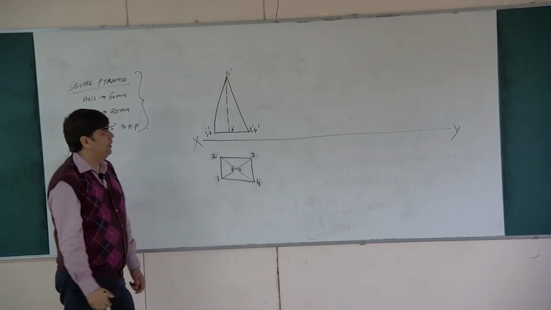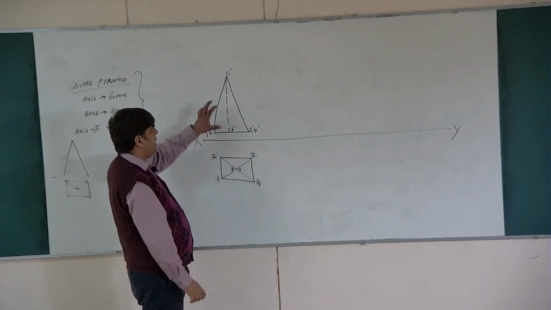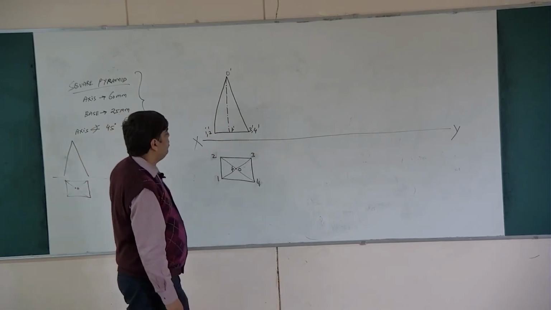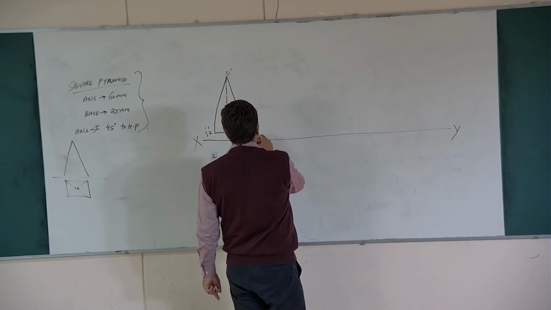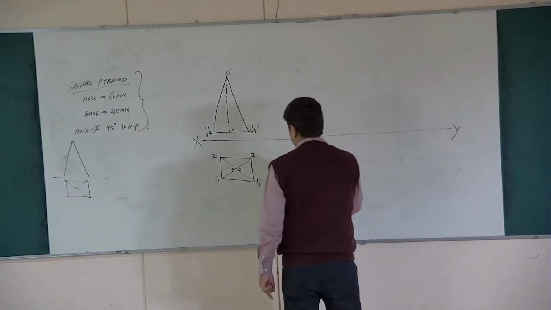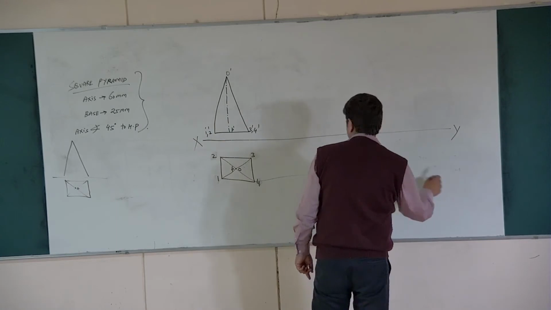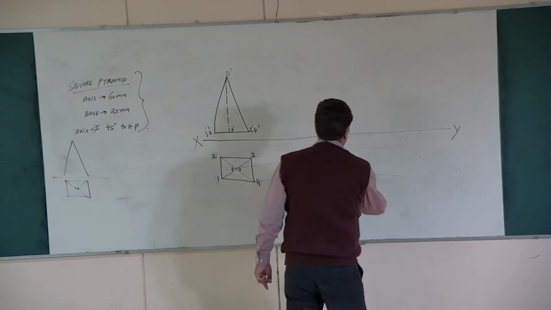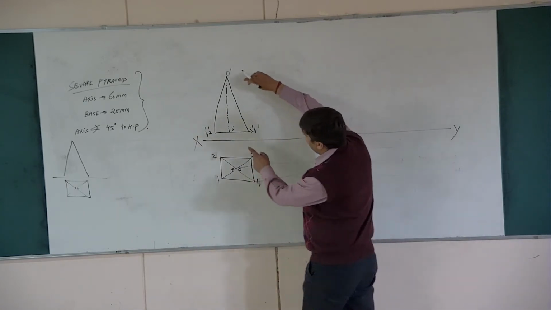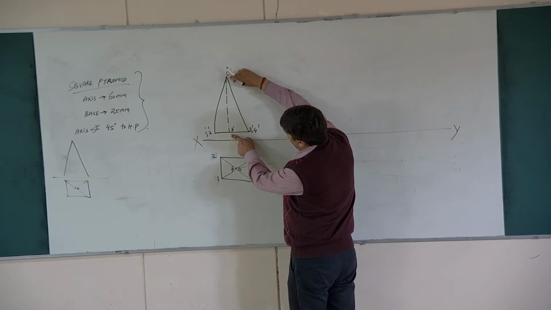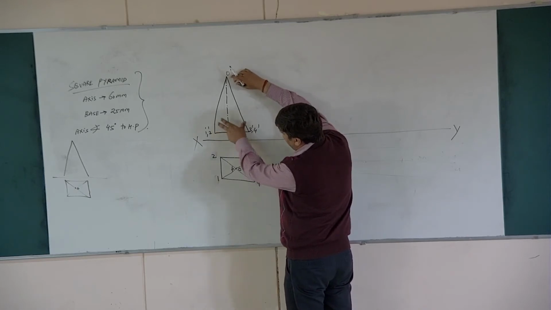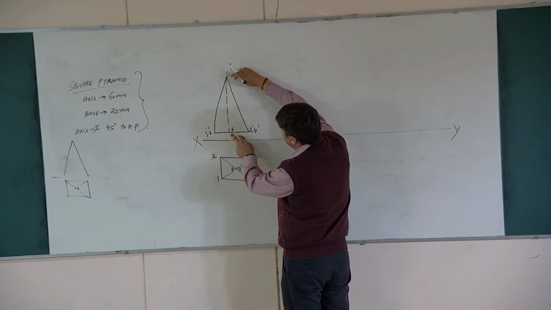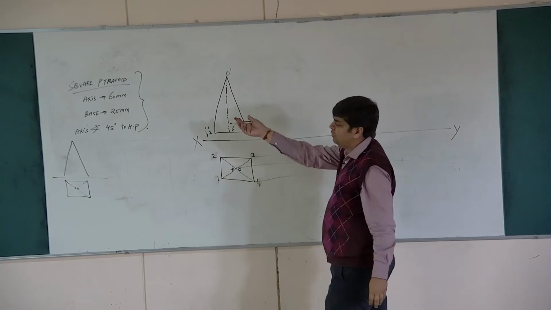This axis is OP. Now what we have to do, this axis O dash P dash is inclined at an angle of 45 degrees to HP, or any degree to HP. So I'll draw the locus. I'll extend these locuses, similar locus of O and P. I'll orient this pyramid in such a way that its axis, that is O dash P dash, is inclined at an angle of 45 degrees to HP.